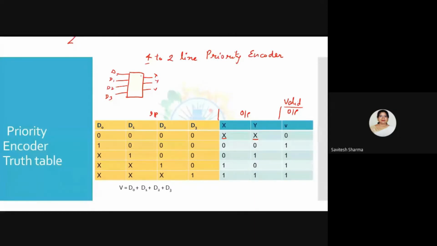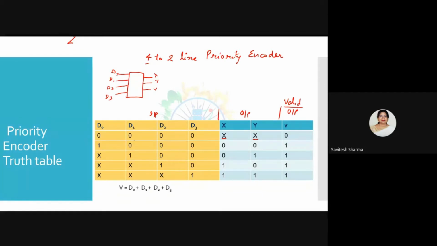This is the valid signal, and it will give 0. If output V is 0, it indicates that all lines are inactive. This is the signal that tells you whether the encoder is working as a priority encoder or not. If V is 0, the priority encoder is in an inactive mode.